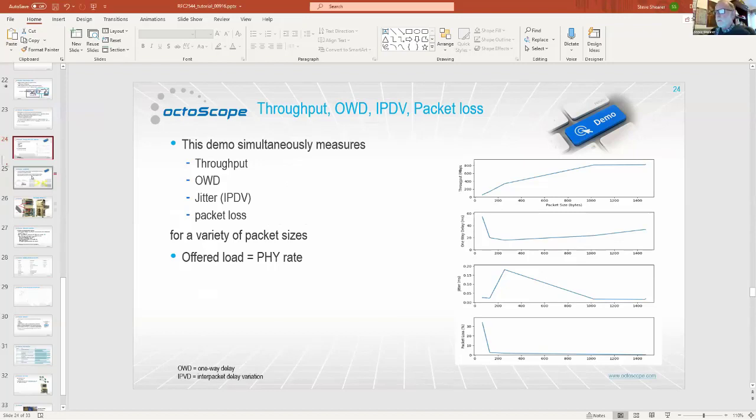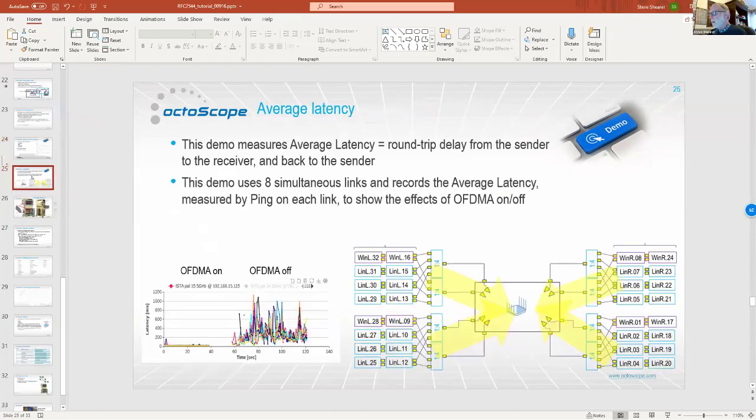Okay, I've got another demo for you, and this is looking at something called average latency. Average latency is actually defined as round trip delay. So this is the delay from the sender to the receiver and back again to the sender.